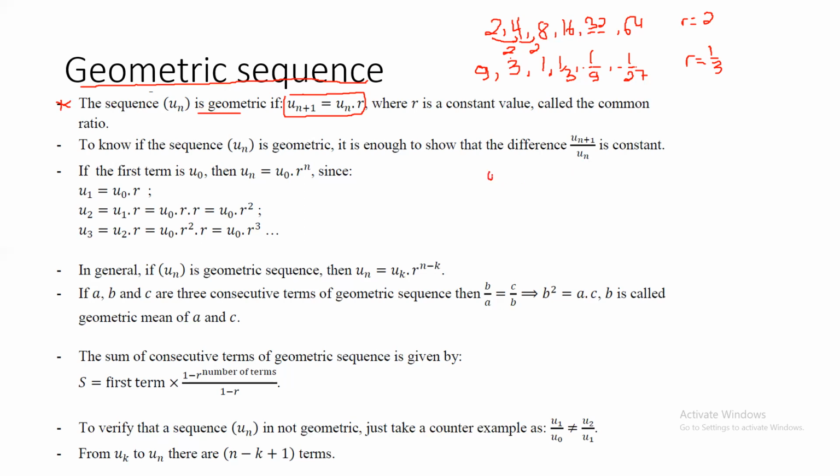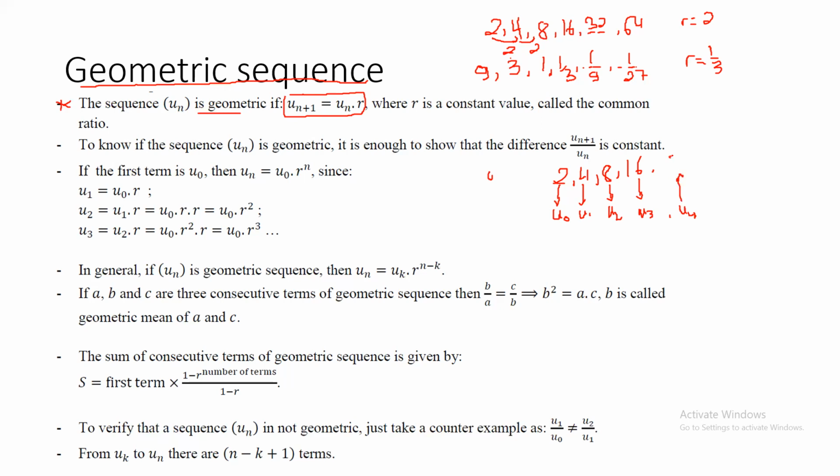No. I have the sequence 2, 4, 8, 16. This I call U0, this U1, this U2, this U3. Okay?